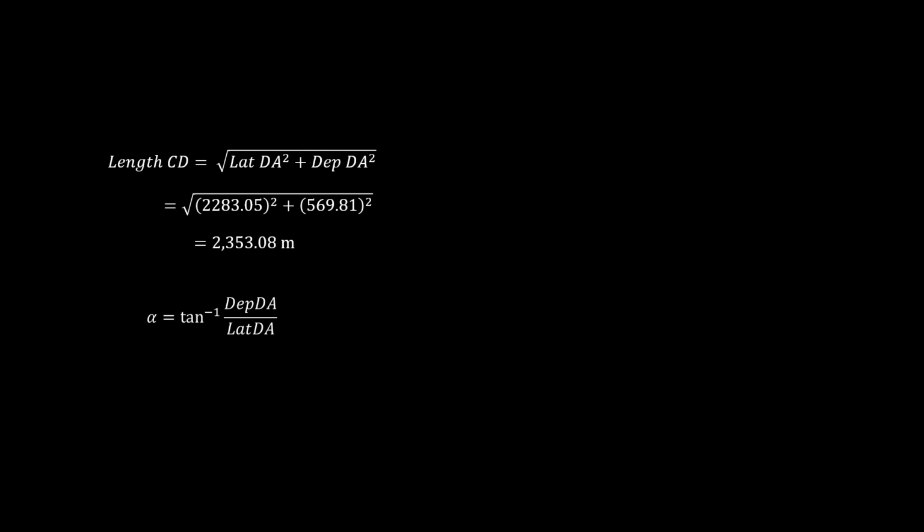As per the direction, we calculate alpha, which is the arctangent of the departure over the latitude. Substitute the values, we'll get the value of 14 degrees and 1 minute. Hence, the bearing of line DA is north 14 degrees 1 minute east. Note that it has a northeasterly direction because both the latitude and the departure of line DA are positive.